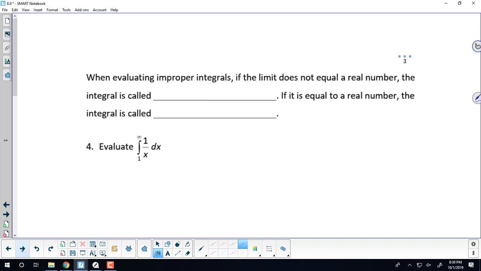If we evaluate an improper integral and it comes out to be not equal to a real number, meaning infinity or negative infinity, then we say that integral is divergent, or we say it diverges. If it is equal to a real number, then we call the integral convergent.